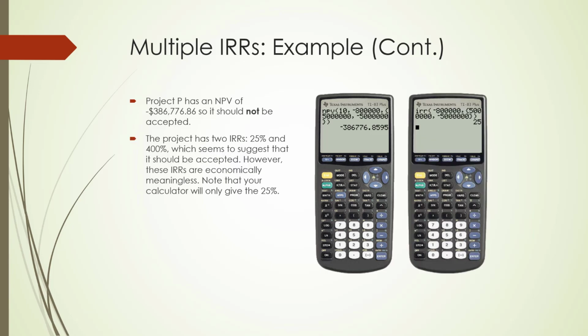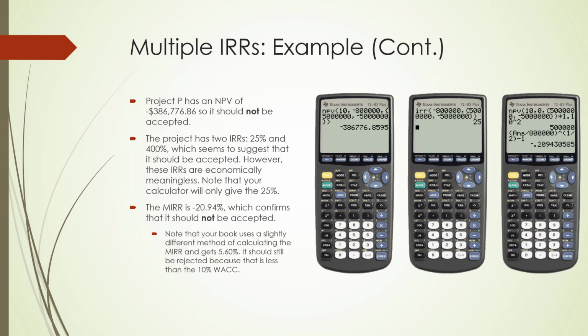We can also calculate the IRR using the IRR function, and you can see, again, in this case, the calculator tells you it's 25%. It does not tell you about the 400%. And then we haven't talked yet about modified IRR. We will next. But the modified IRR is negative, which confirms that we should not accept the investment. So you can come back to this after we talk about modified IRR and see how to do that calculation.